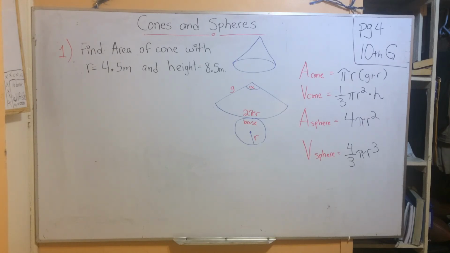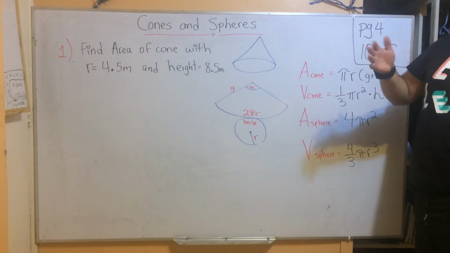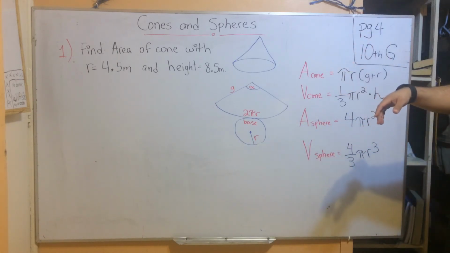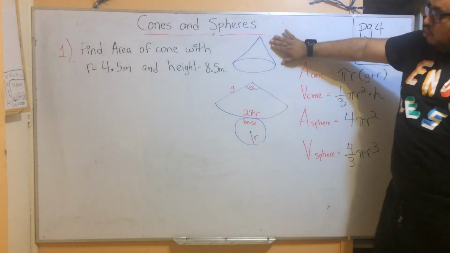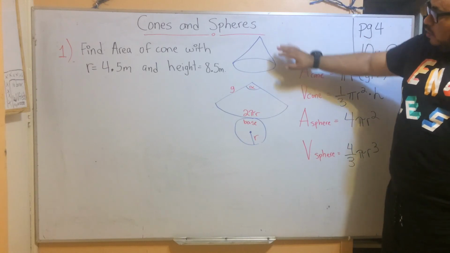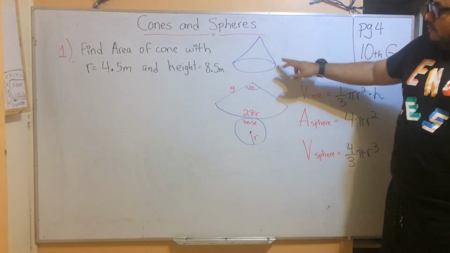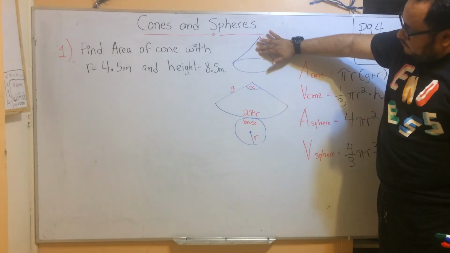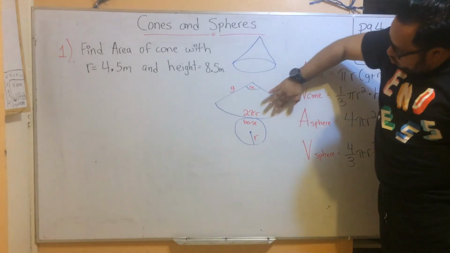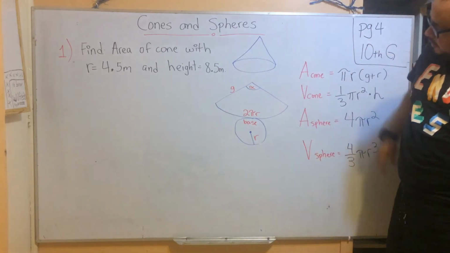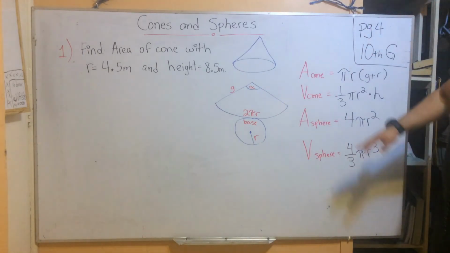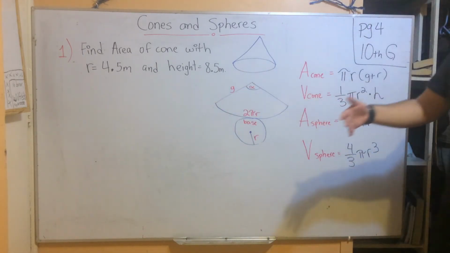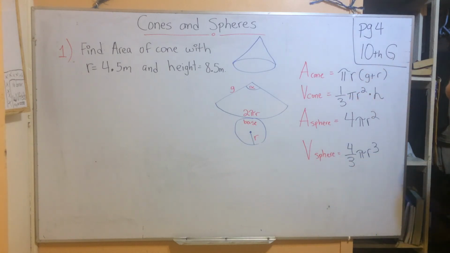Now, like I said in class, figures are not my strength, but this is the normal size cone. We have a circular figure for a base, and if we were to spread this part open, we're going to have this. So this is like a circular sector of a circle.